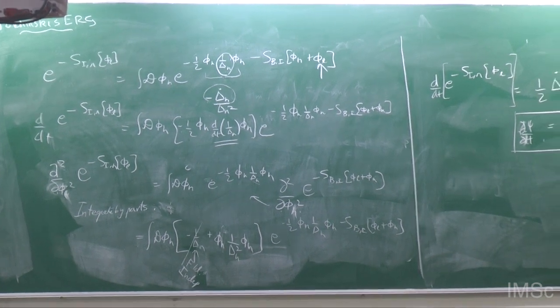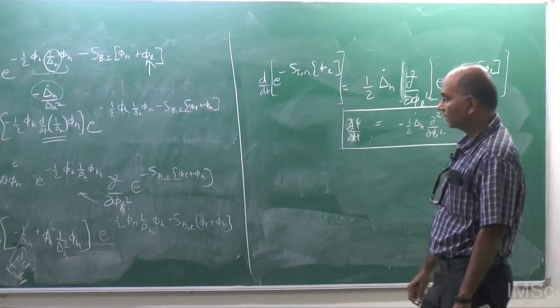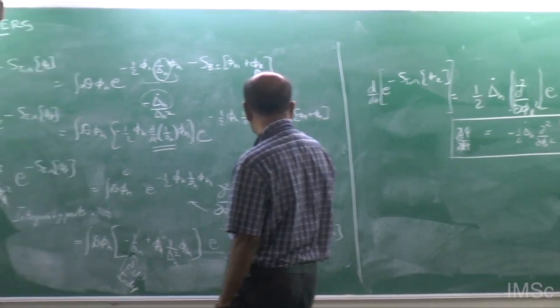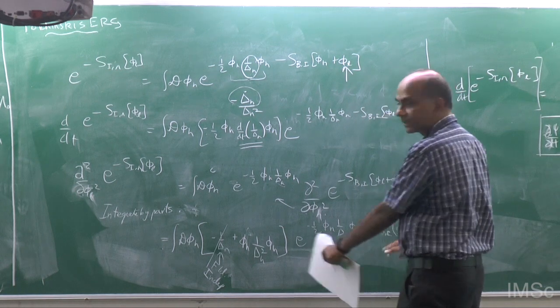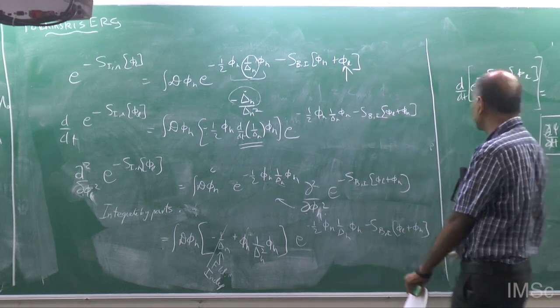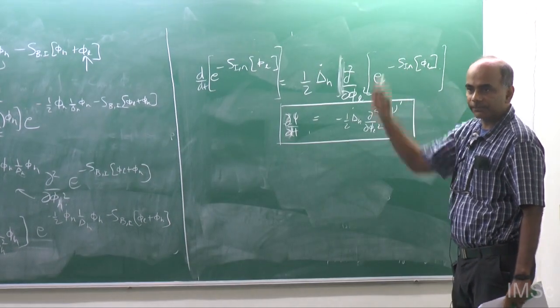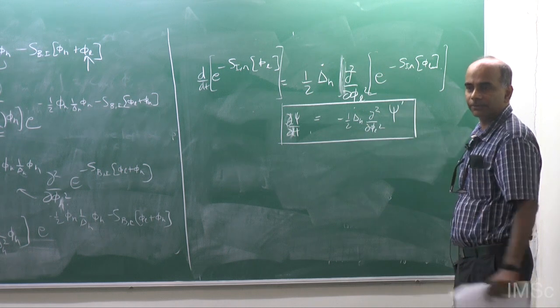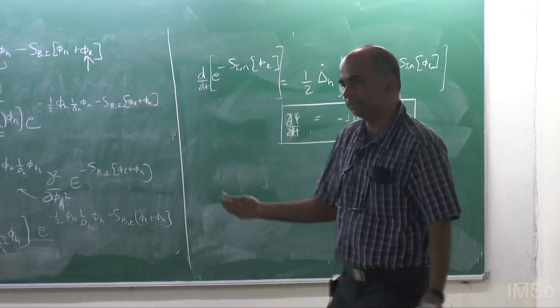It'll be just some overall normalization. Because this S_BI is still there, it's a function of phi L. If you remove this, the thing is just the wave function itself. So you'll get a constant term here which will just scale the whole wave function by some factor. This wave function is just the partition function, like e to the power of minus S. So overall normalization is not important.